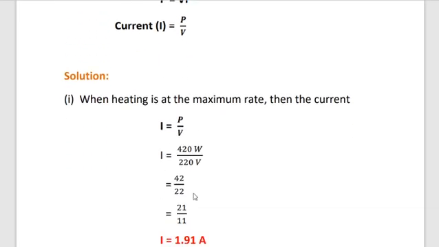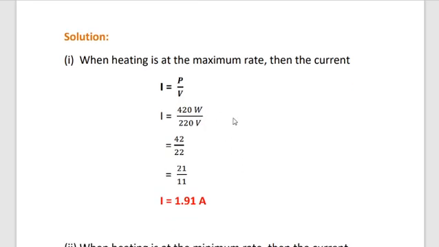So the solution for the first case, when heating is at the maximum rate. Maximum rate means power is equal to 420 watt. The formula for electric current is I equal to P by V. Substitute the P value, 420, divided by the potential difference, 220 volt.